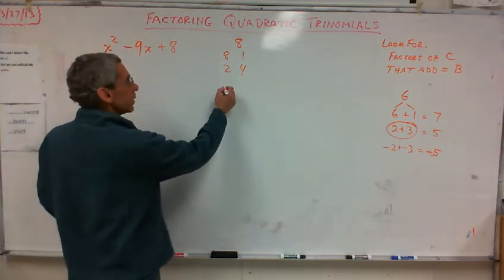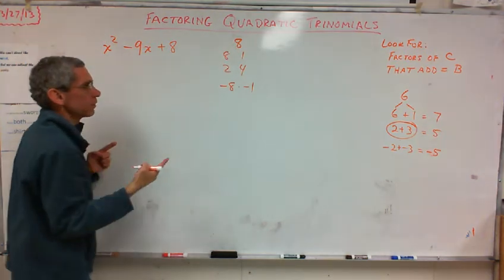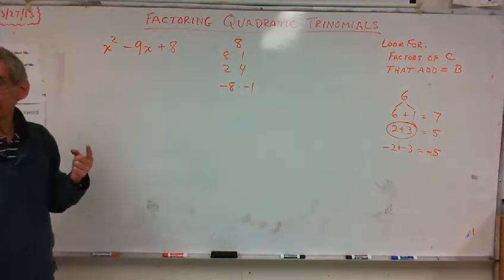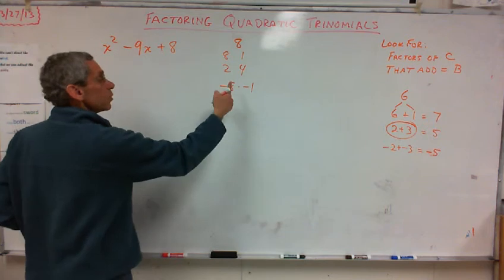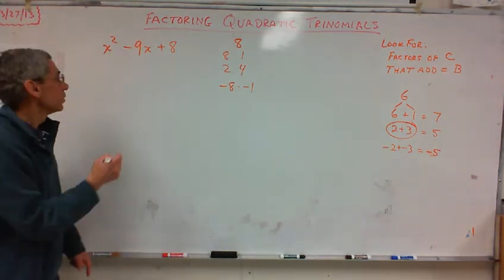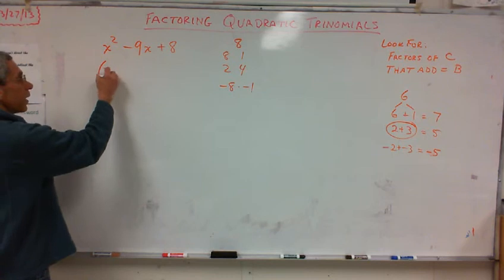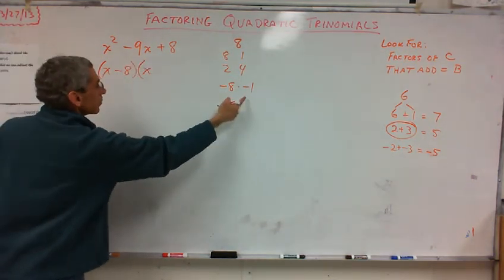Negative 8 times negative 1 is equal to positive 8, right? Negative times negative is a positive. So that's positive 8. And negative 8 plus negative 1 is negative 9. Okay? So then I write x minus 8 times x minus 1.